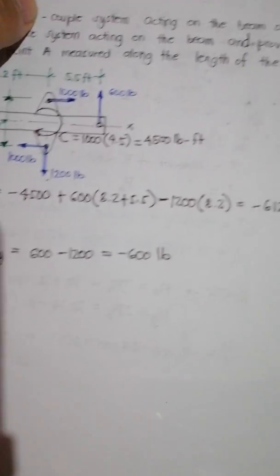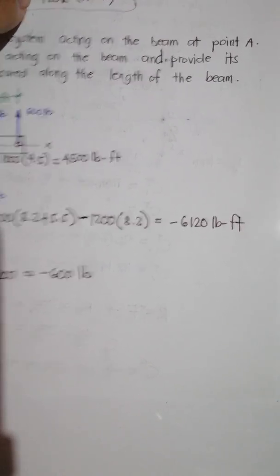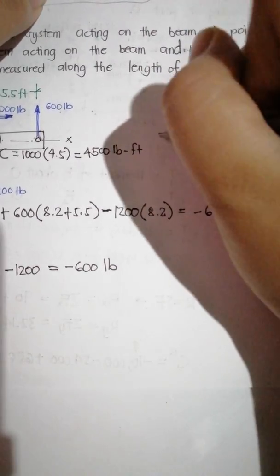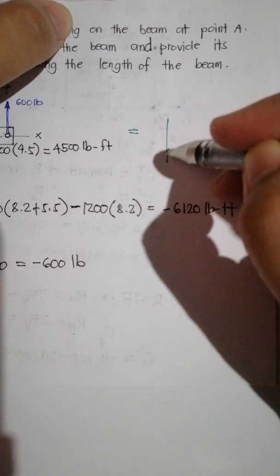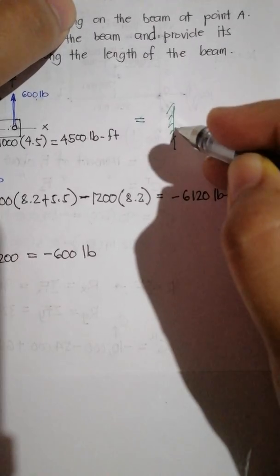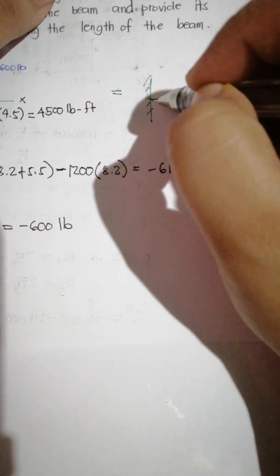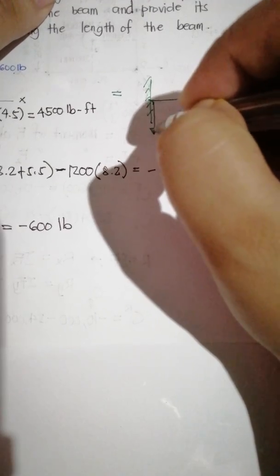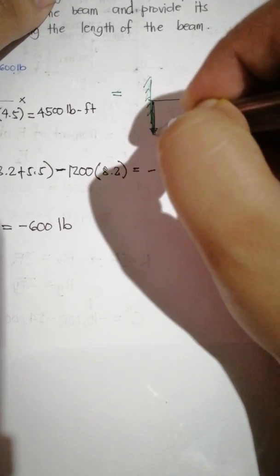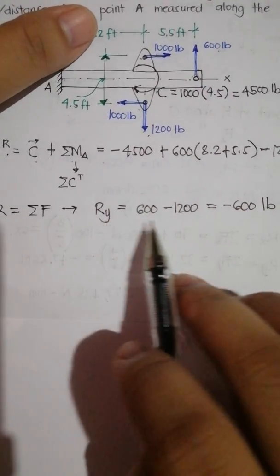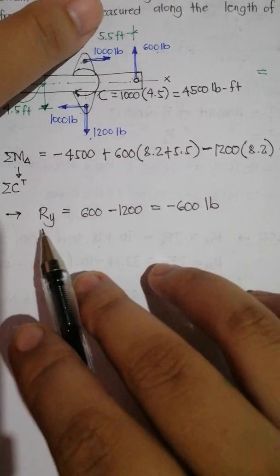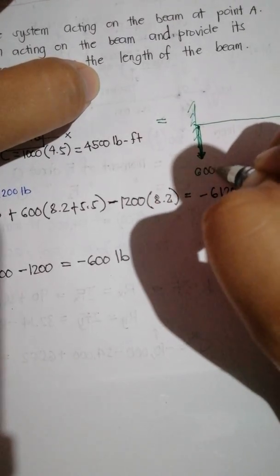Okay, so for the equivalent couple system wherein all of the forces act at point A, this is now the result. You have the resultant force downward. Since there is no x component, only the y component, it's just 600 pounds.